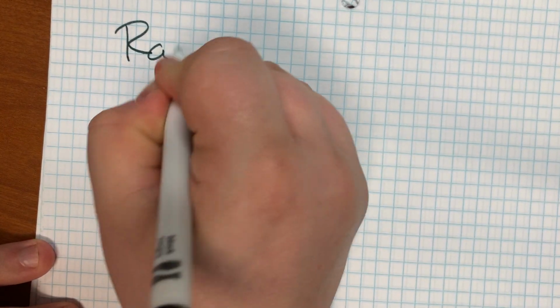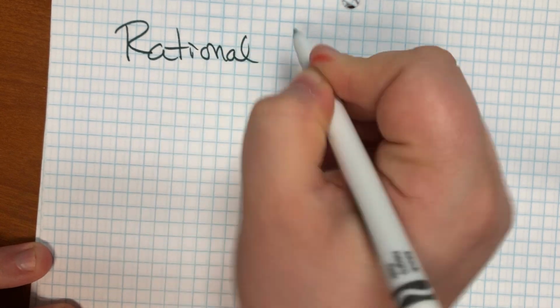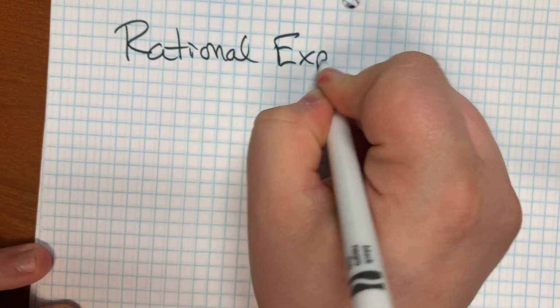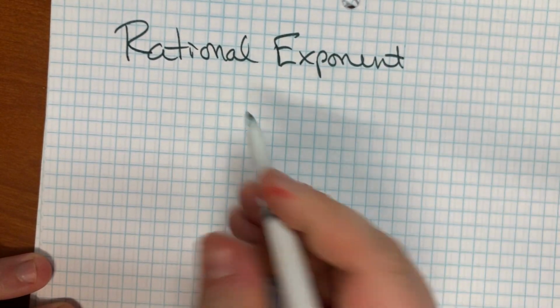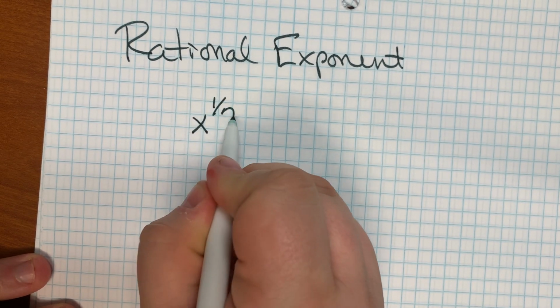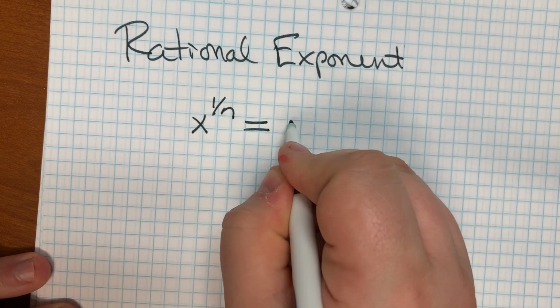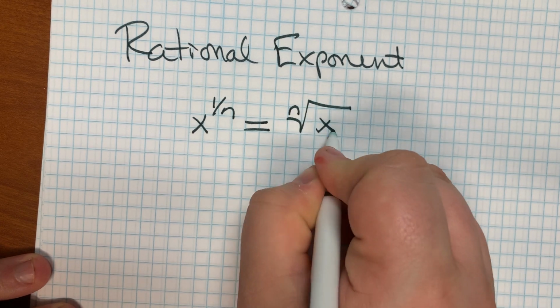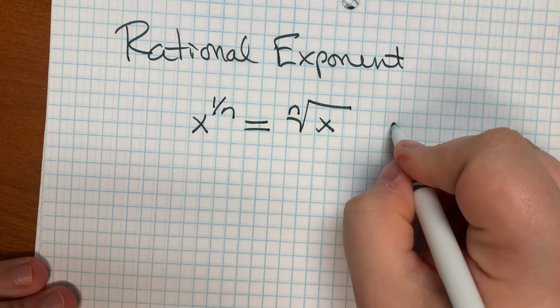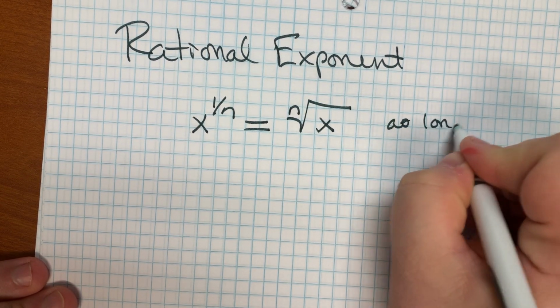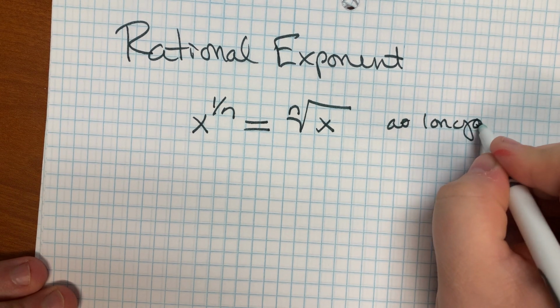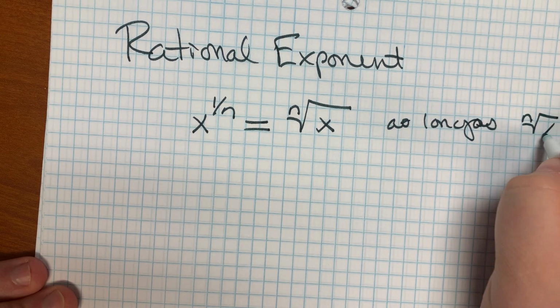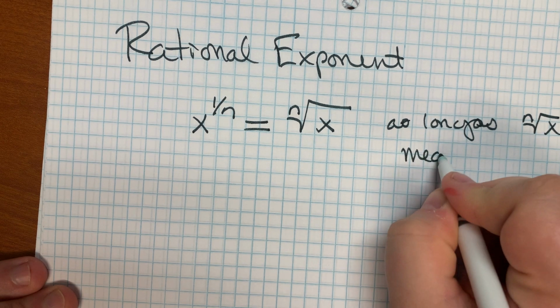And more generally, whenever we have a rational exponent, x to the 1 over n is by definition the nth root of x, as long as the nth root of x is meaningful.